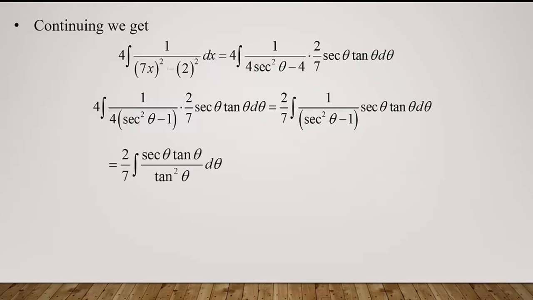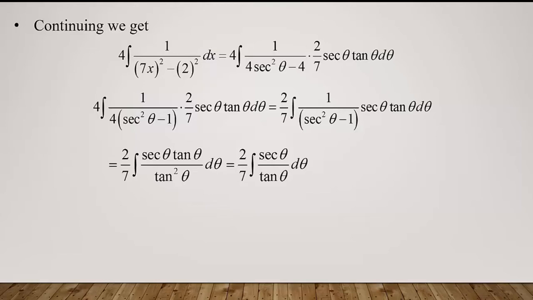So that's where I'm at. It looks like I'm making some progress, because next, hopefully you say, let's cancel out those tangent thetas. So now I'm definitely making some progress.